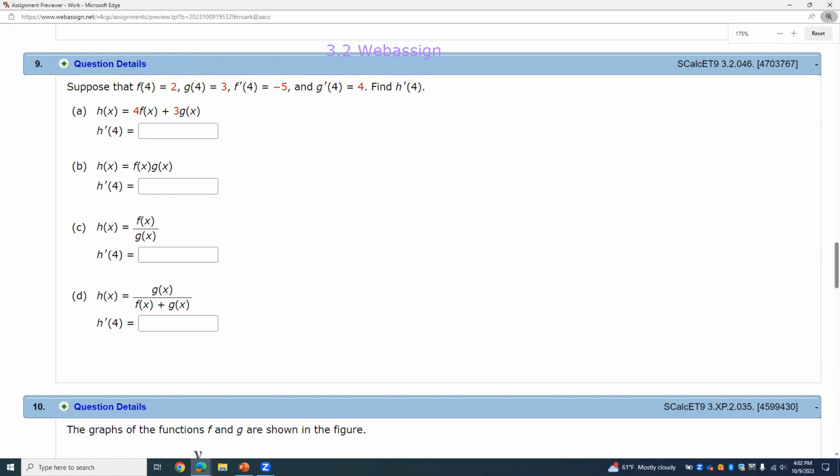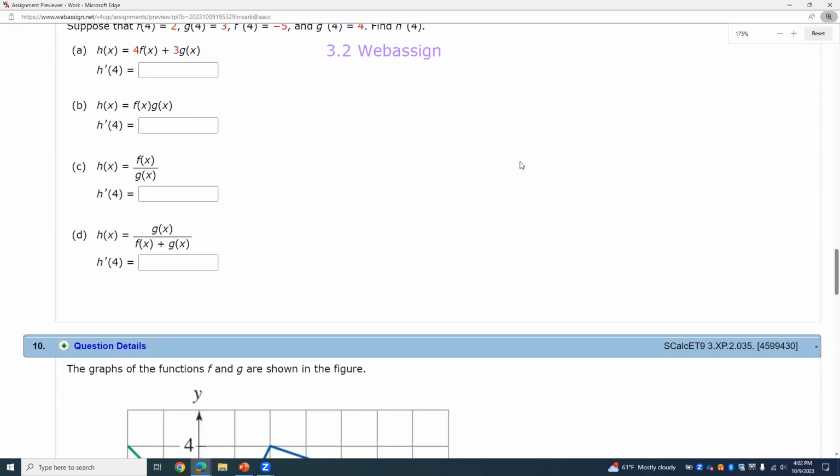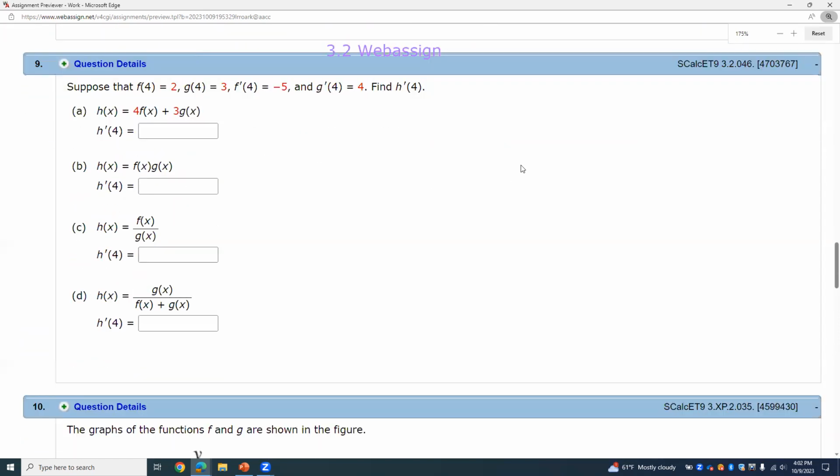But for each of these, h represents something slightly different, right? So for instance, part a says that h is 4 times f of x plus 3 times g of x. So for a, this is just the constant multiple rule.